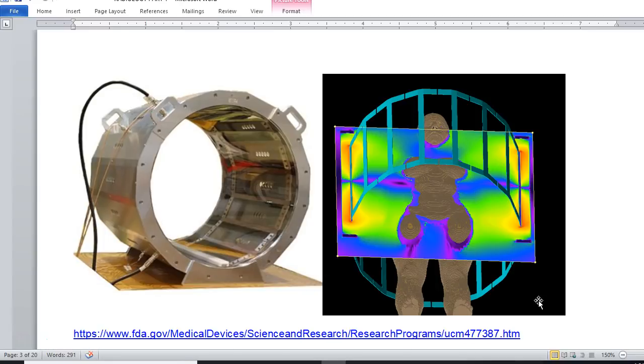MRIs can take anywhere from 2 to 5 times longer than a CT scan, but you do get a better image. And what you'll notice in the field is that some insurances will pay for one but not the other, or you have to get one before you can get the other done. That's very classic because these technologies are pretty much neck and neck now. It really depends on what we're looking for and what the doctor thinks they are going to see best from one of these tests.